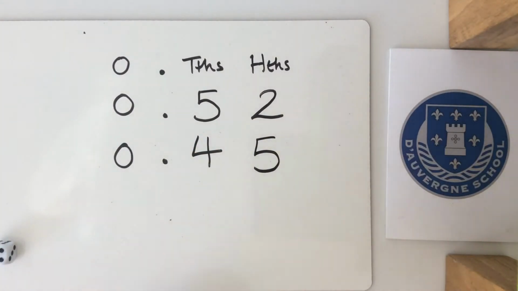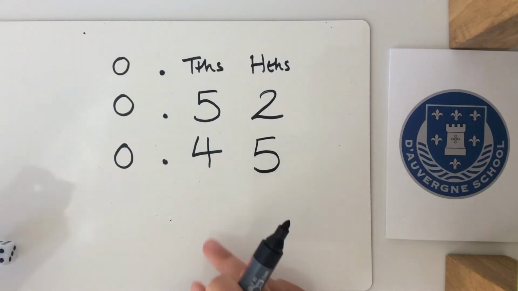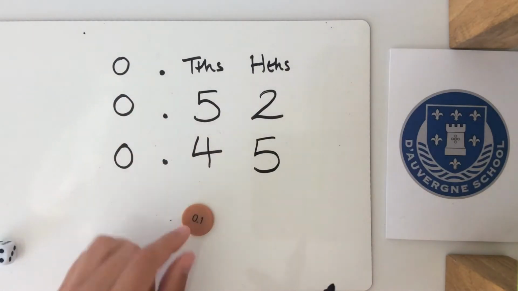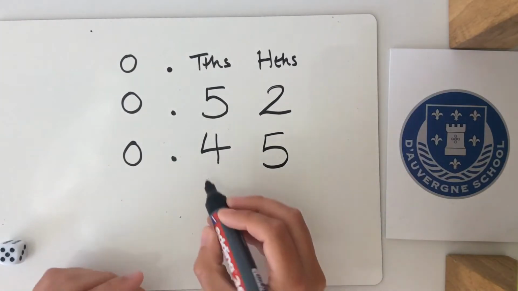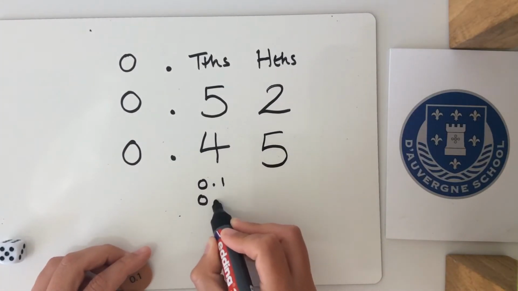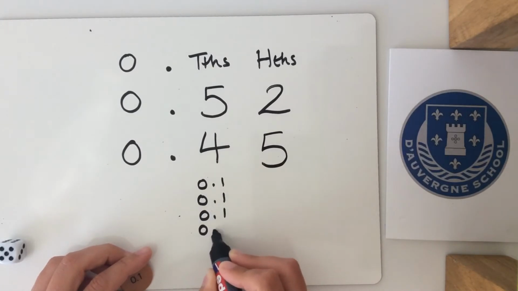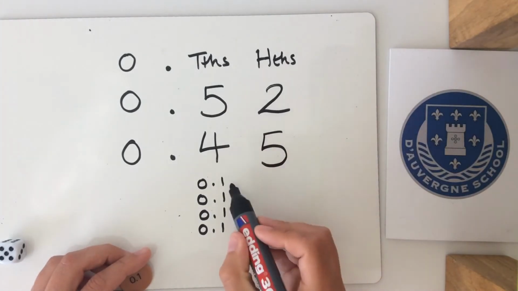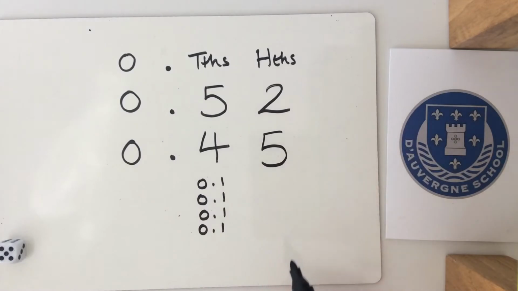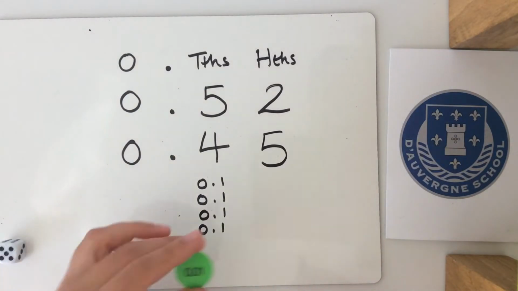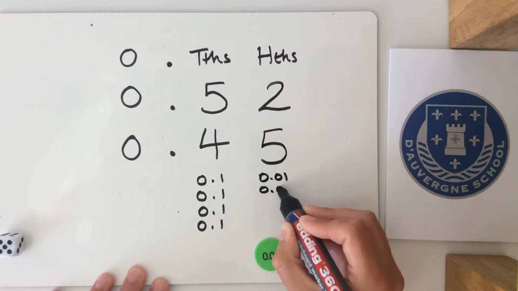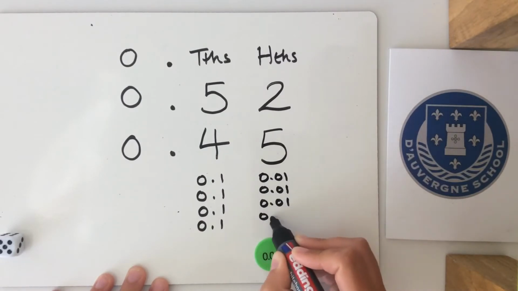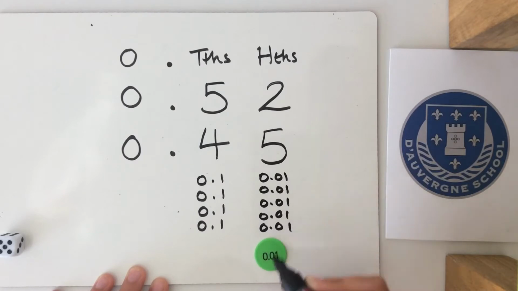Okay, so let's say we're going to make 0.45 with our number discs. This represents a tenth, 0.1 is a tenth. So for 0.45 we're going to need 1, 2, 3, 4 tenths. And how do we write a hundredth? We need 5 hundredths.